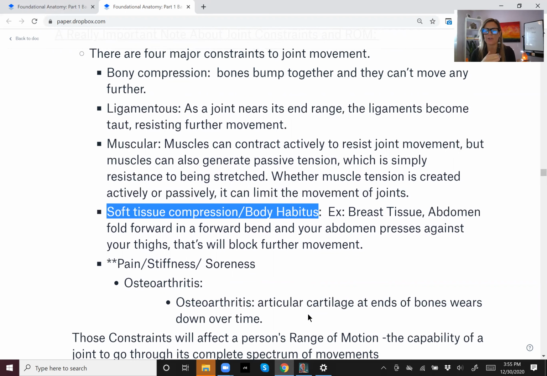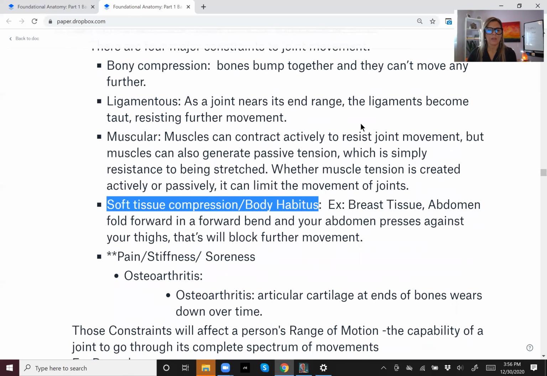When cartilage wears out, it degenerates and the bone will start to touch bone on bone. And when you go to move bone on bone, it can be really painful for folks. So we just want to be conscientious that if there's pain or stiffness or soreness, we want them to be aware, just have a general awareness of what their body's doing.